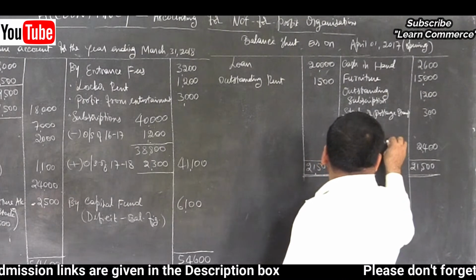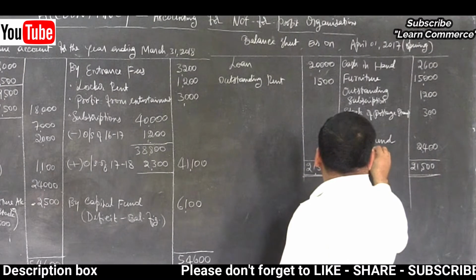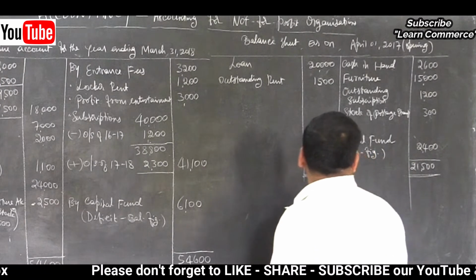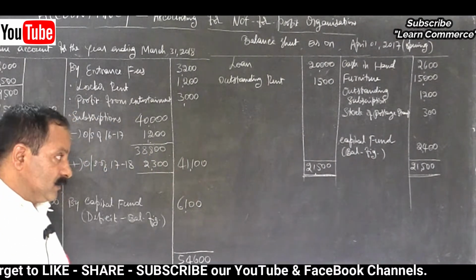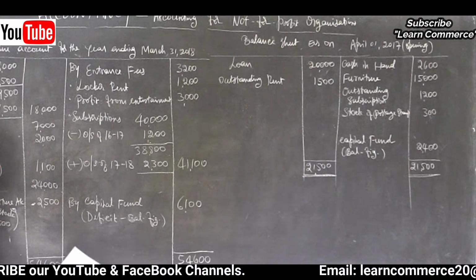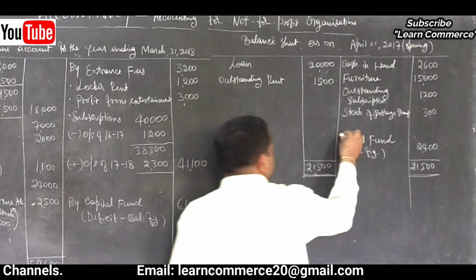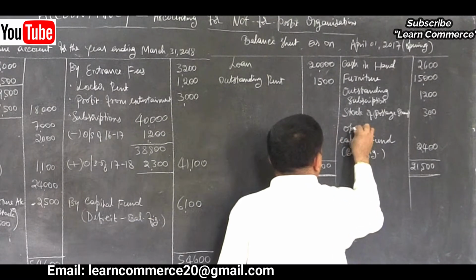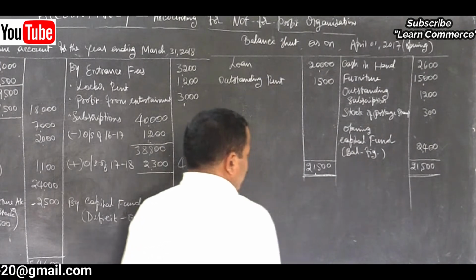Negative balance it shows, right? Balancing figure. Negative balance. Over 2,400 you got. That is opening capital fund, opening capital balancing figure.